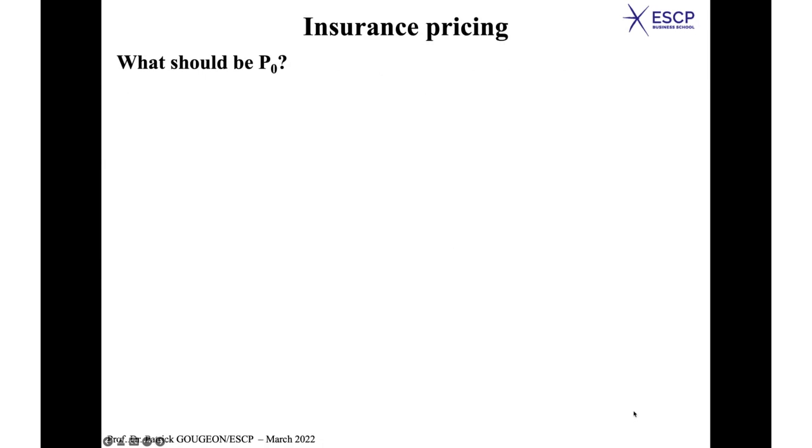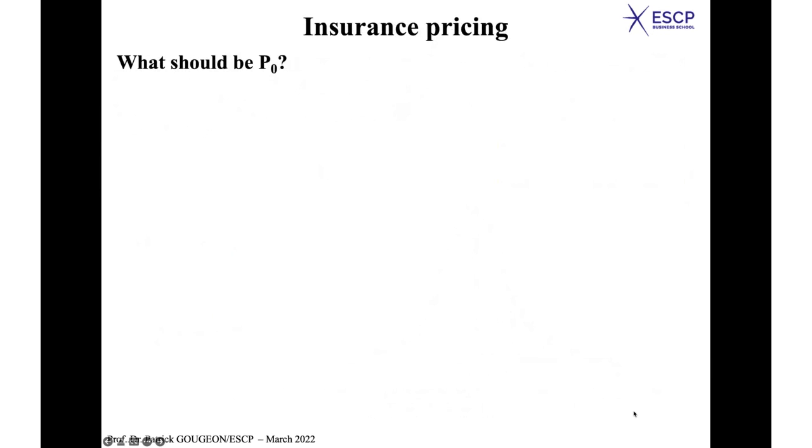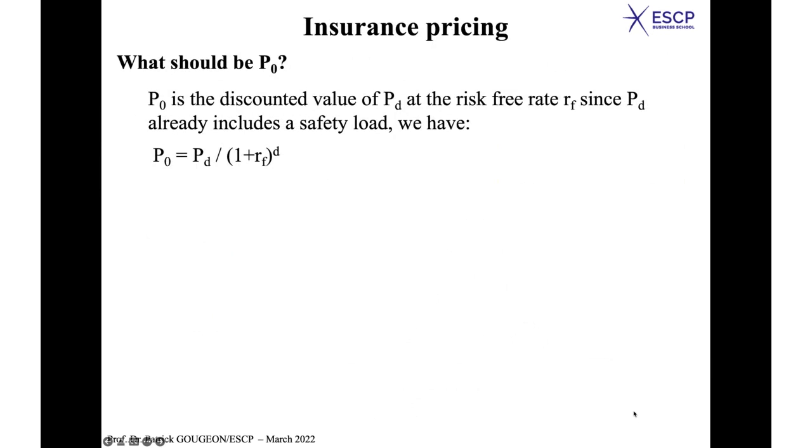So now what should be P0? Here we have defined PD. So now what should be C0? We just need to come back to the present time. What you need to collect now to have PD after a period of D. P0 is the discounted value of PD at the risk-free rate. Why at the risk-free rate?